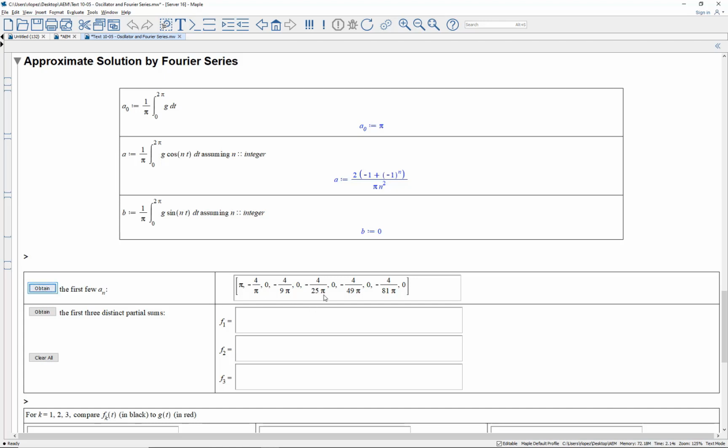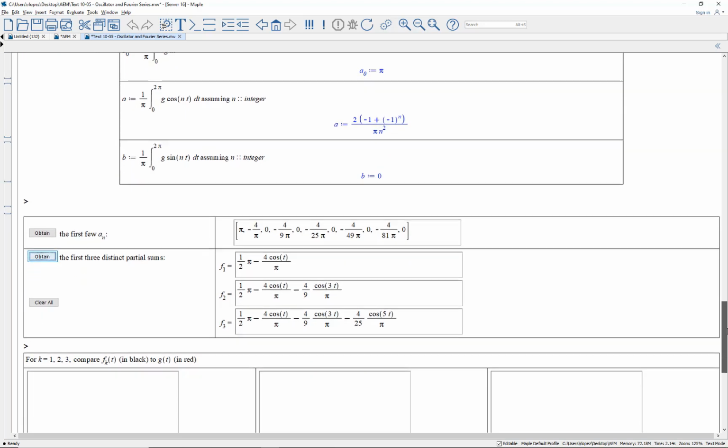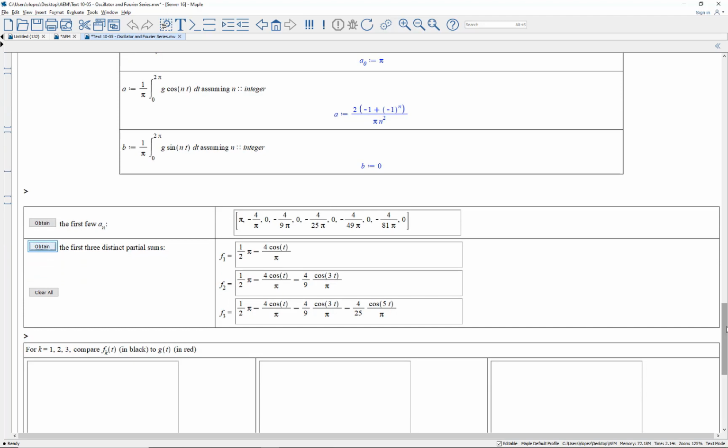This is what the coefficients look like if you make a series of them. Here are a couple of partial sums. This picks up the cosine t term. This is the cosine 3t. This is the cosine 5t. And then what I'm going to do is replace f of t by these Fourier series partial sums that approximate f of t.